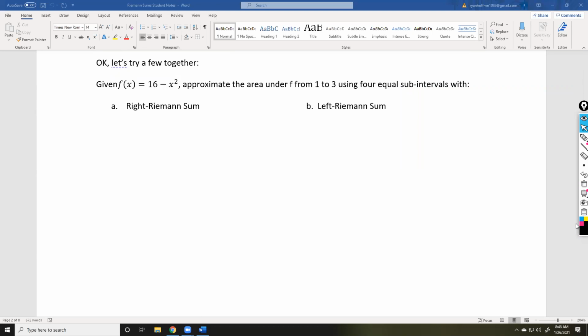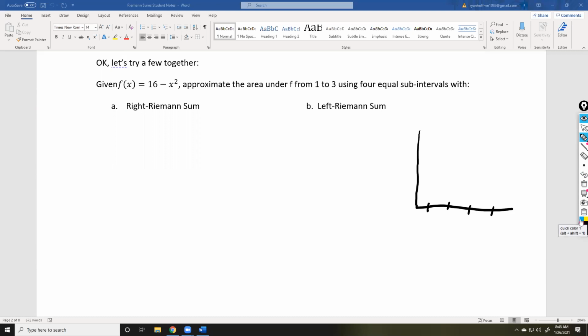So f of x equals 16 minus x squared. And we are interested in the area from 1 to 3. So let's go ahead and draw this picture. Let's see. I know that 1, 2, 3, 4.